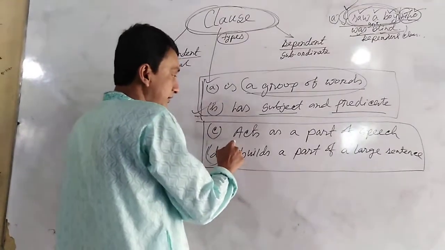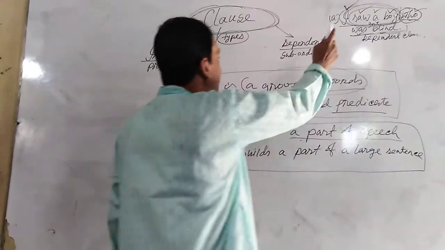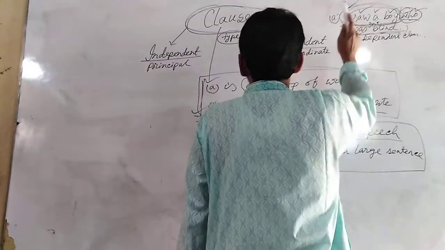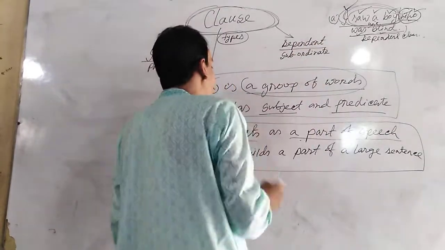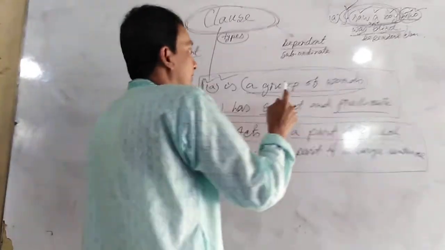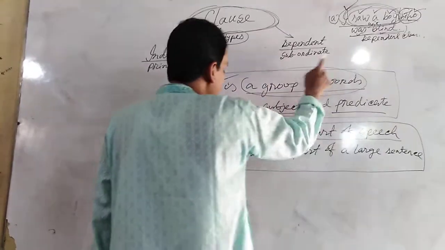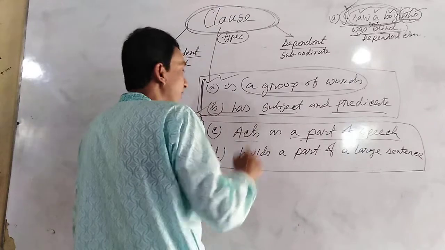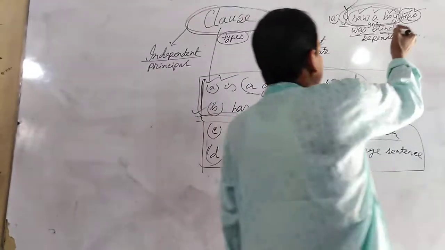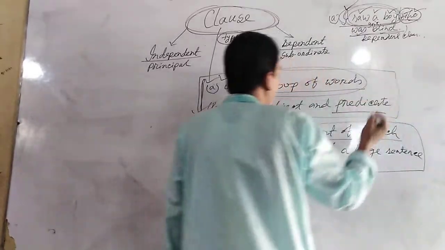Sometimes it acts as a part of speech. But if the clause is independent clause or principal clause, only these 2 characteristics are found. If it is a dependent clause or a subordinate clause, all these are found. Who was blind? It is a dependent clause.